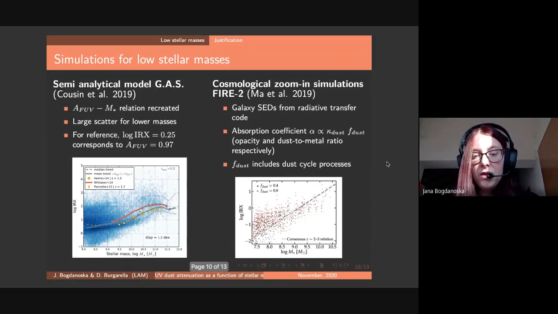What is also interesting is that this kind of result is found by simulations. In both Cousin et al. and Ma et al., they managed to reproduce this relationship between the dust attenuation and stellar mass that has been found in many different works. But for the lower masses it becomes a lot more scattered, and there are objects with even relatively high dust attenuation at these low stellar masses.